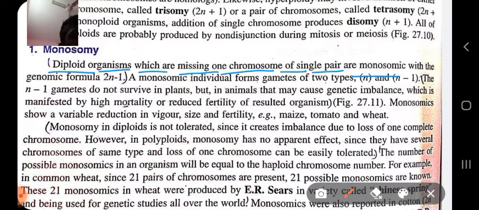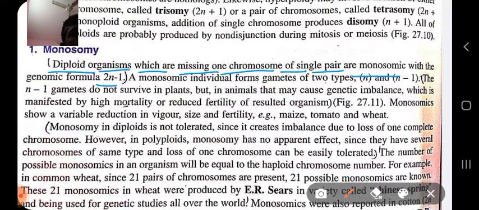That means we have two sets of chromosomes, and from a single pair, one chromosome is lost. That is called monosomy, with the genomic formula 2n minus 1. So in monosomy, the organism lacks one chromosome. The general chromosome formula is 2n minus 1.